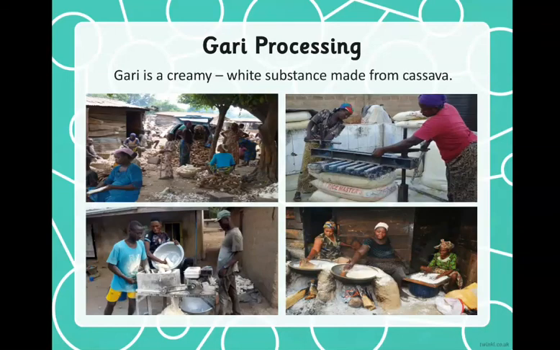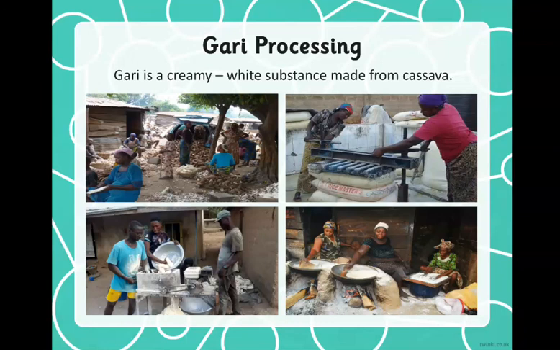Next is garri processing. Garri is a creamy white substance made from cassava. The cassava is peeled. It is then grated and put into bags which are pressed to remove liquid from it.